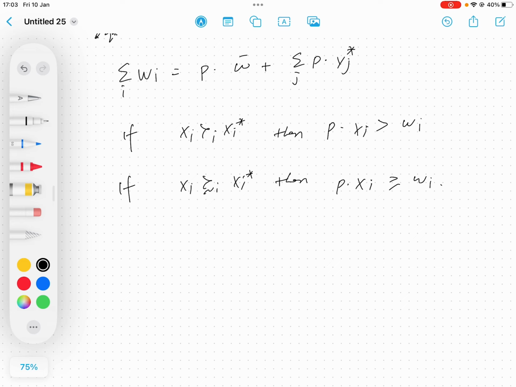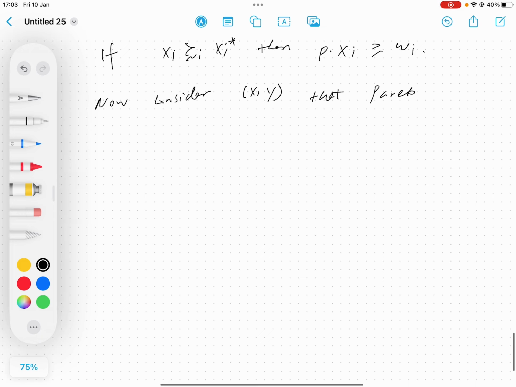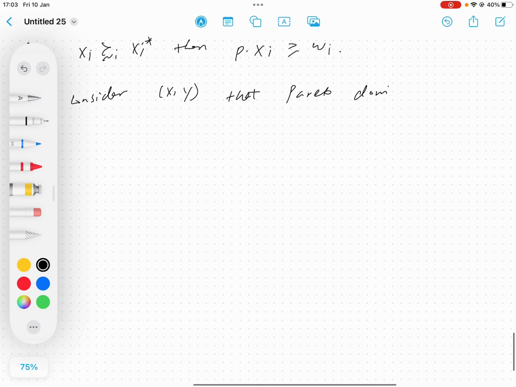Now let's consider an allocation x, y that Pareto dominates x star, y star.